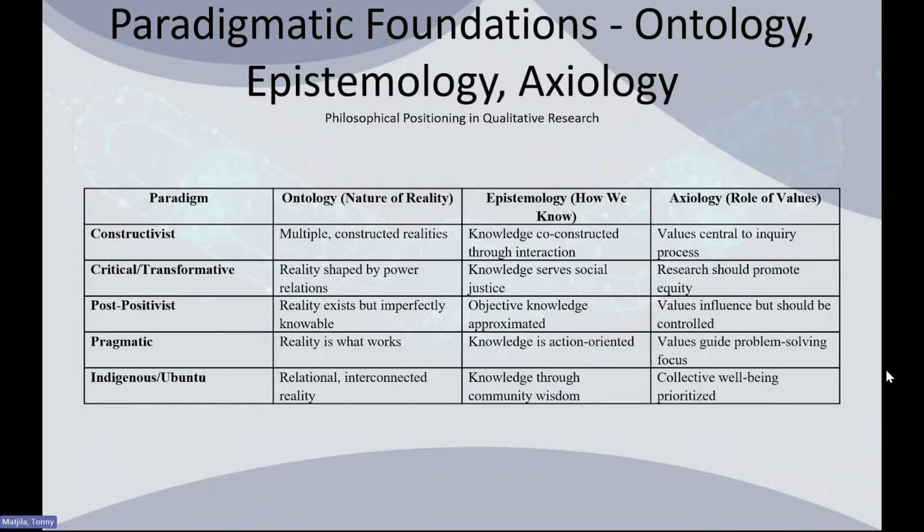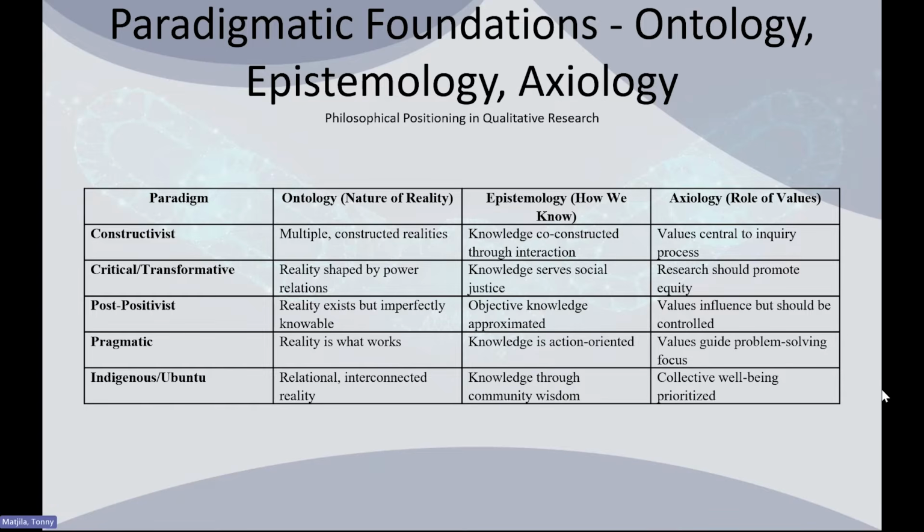But also in analysis, you might contaminate the results in favor of your values. So these are the things that you need to talk about. These positions must align coherently. As a constructivist, you cannot claim objective neutrality, or can a post-positivist embrace multiple contradictory truths?